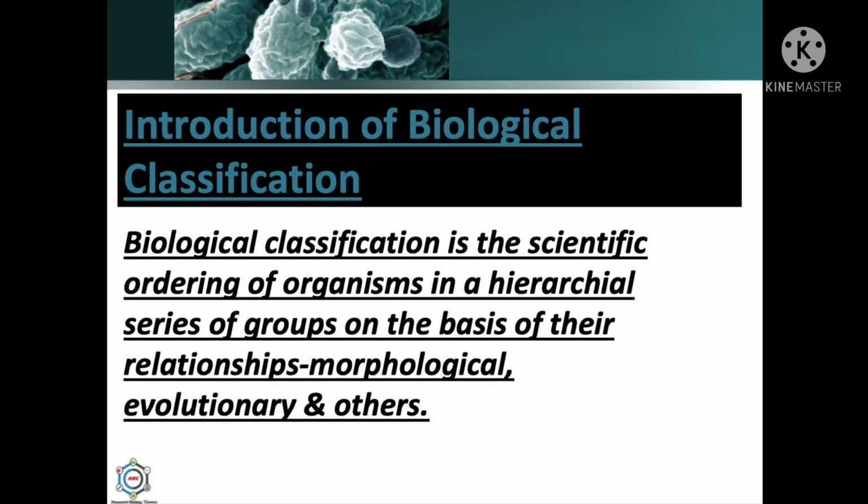So, biological classification is the scientific ordering of organisms like bacteria, protists, fungi, plants and animals in a hierarchical series of groups on the basis of their relationships, morphological, evolutionary and others.